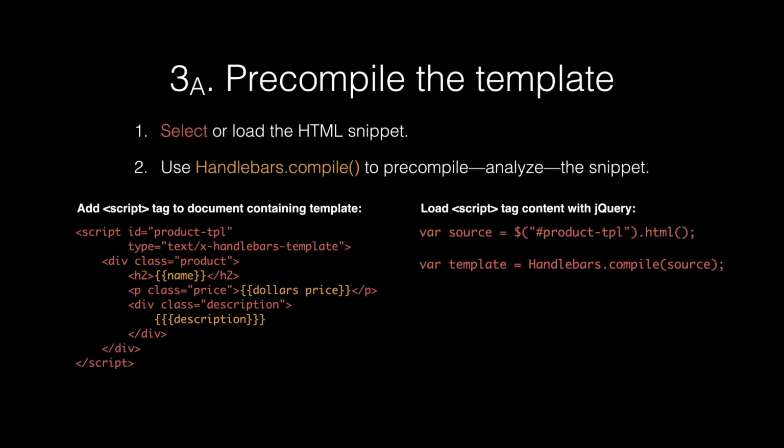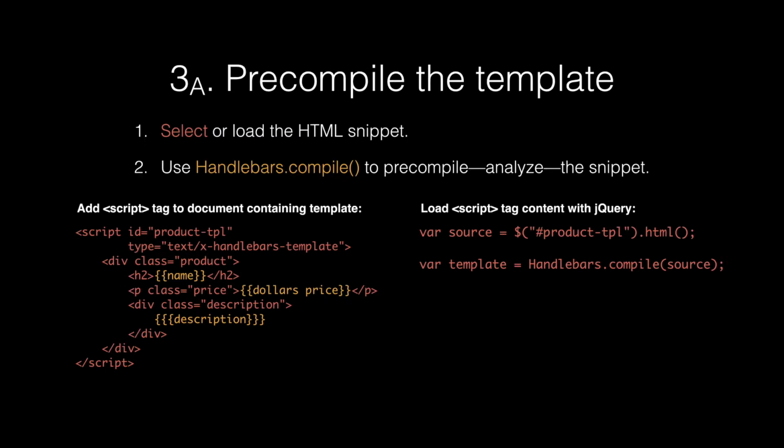Okay, that source now is something that we can pass into handlebars.compile, and the result we store in template. So we've selected the content from our page, and we have precompiled it by passing it into handlebars.compile. Okay, all along we've used variables to store the outcome of each of those 2 different steps.